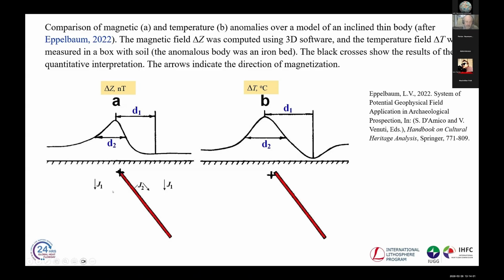For the magnetic field, I receive the exact position of the edge of the magnetized bodies. And for the thermal body, not exact, because we really have some small mistakes in the thermal field observation.